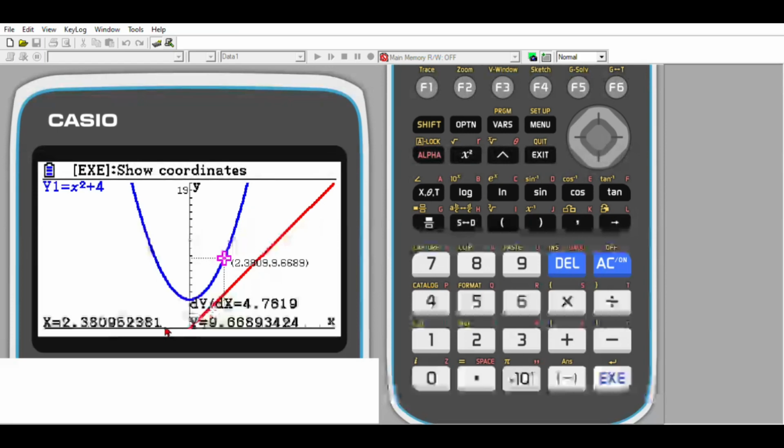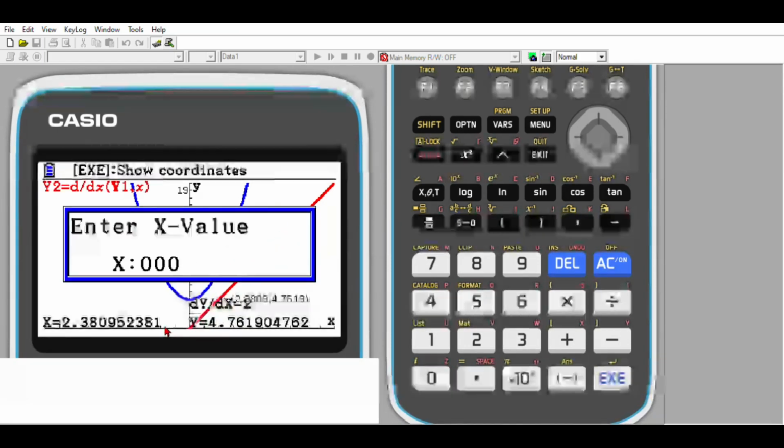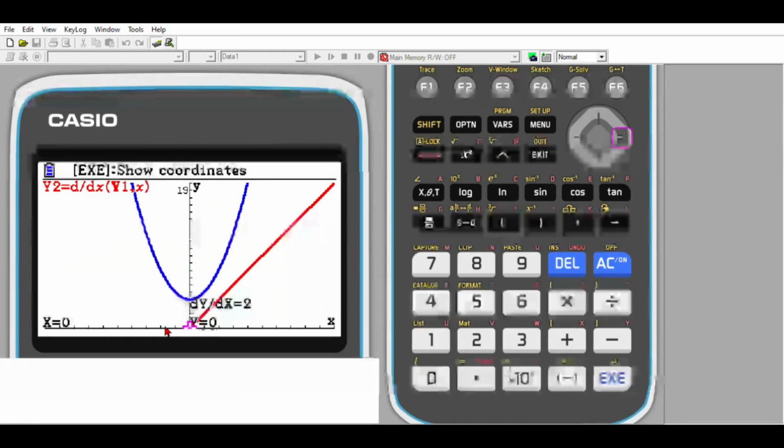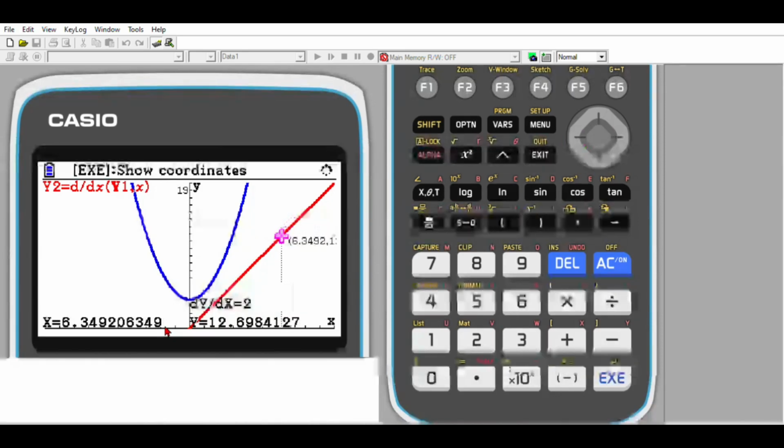Okay, and if I go to the other function by clicking down, you will see that for this function, no matter the value where I am in x and y, the derivative is always 2, right? Because this is a line, and the line has a constant slope, which in this case is 2. So you can see that right there in the graph.